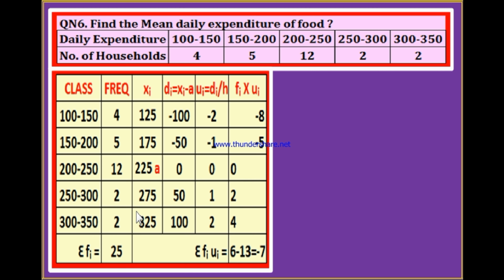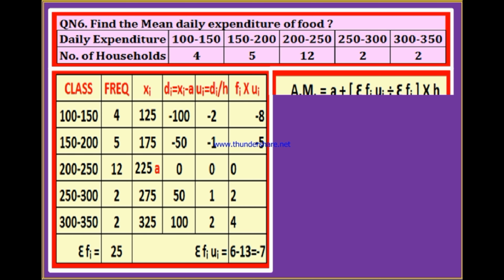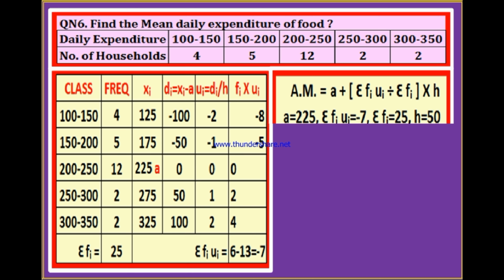Understood? Now after writing all the values in the table, you can write the formula for arithmetic mean using the step deviation method. The formula to find arithmetic mean is a plus sigma fi ui divided by sigma fi, into h.